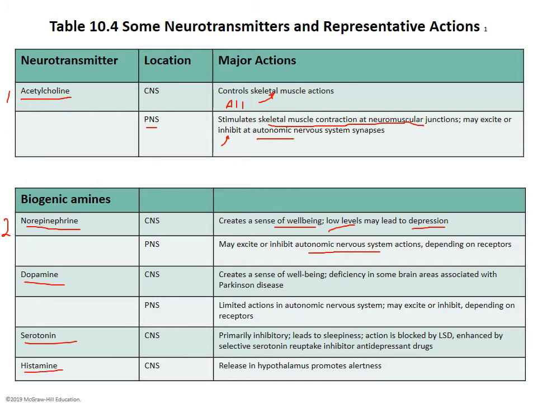Again, not going to get into much on this right now, but serotonin is going to be what helps you sleep, and histamine, on the other hand, is going to help promote alertness. And again, we'll talk about those at different times. But from this slide, acetylcholine and norepinephrine are your two big ones.